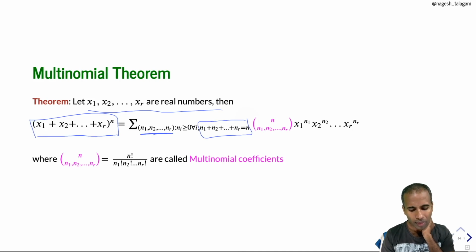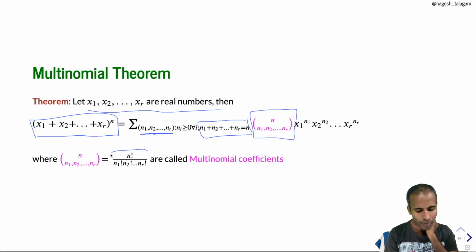The terms are n choose n1 comma n2 comma so on nr, into x1 to the power of n1 into x2 to the power of n2 so on xr to the power of nr, where this n choose n1 comma n2 comma so on nr equals n factorial by n1 factorial n2 factorial so on nr factorial. These are called multinomial coefficients.